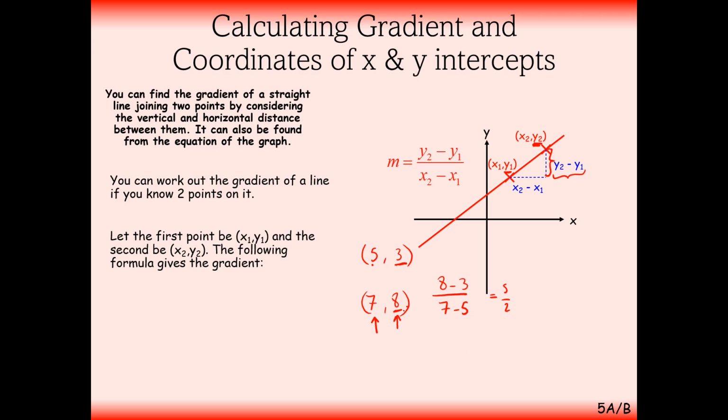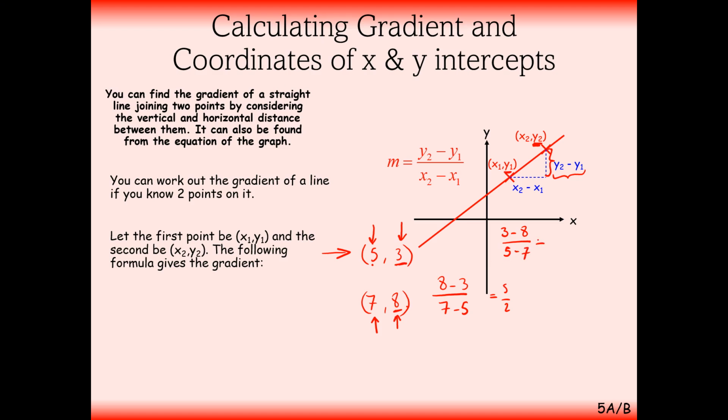Now let's say we didn't start at 8. That's not essential. We could have started at 3. If we said 3 minus 8, if we started here, then for the denominator, we would have to start with the 5 because we started with this coordinate here. So we would say 5 minus 7.